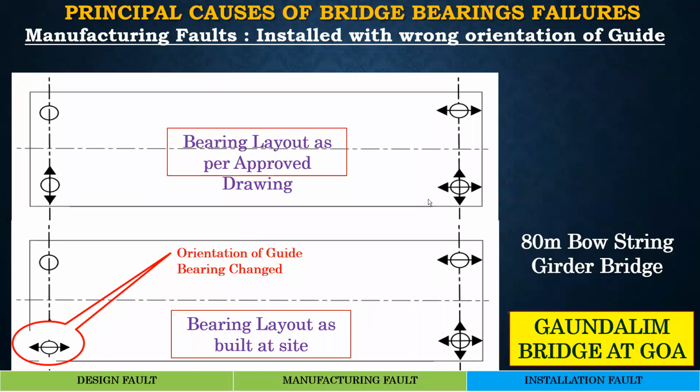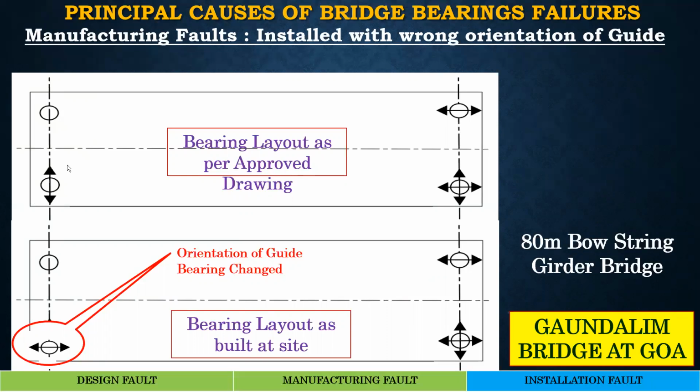Another example is a bridge at Goa, Gondolin Bridge, Goa, which I had inspected for tilting of the top arch. But while inspecting the bridge, suddenly I found that the bearing at the fixed end, which was supposed to be aligned towards the transverse direction, was aligned in the reverse direction.